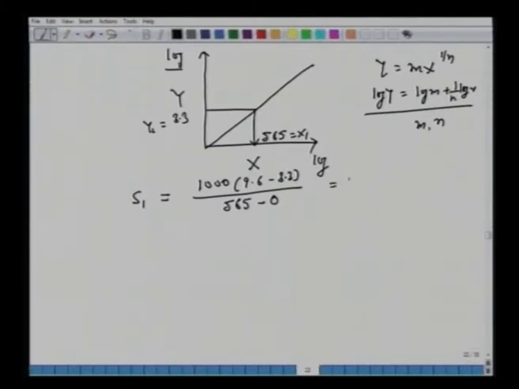So S1 is 11.14 kg. Once we have S1, we can determine S2 by the same method. We make a balance around the second stage: 1000 remains the same, and now we reduce from 3.3 to 0.96.